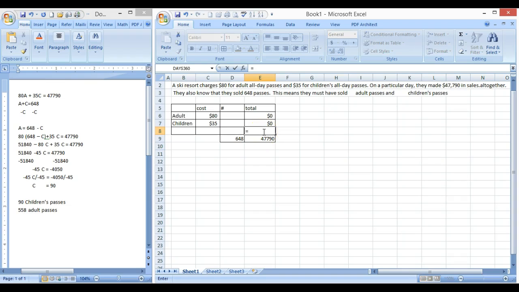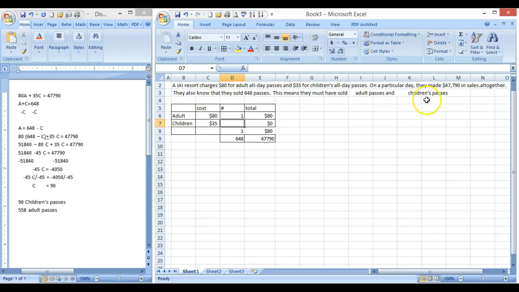But I'm going to actually calculate it up. I'm going to add this plus this, and it'll calculate it as I go. Again, over here, I need to add, I'm going to equal the adult tickets plus the children's tickets. Okay, now just to show you what I'm doing, I'm going to put in a 1 here.